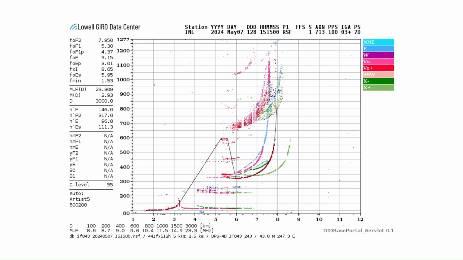So in general, in this case, Artist is actually correct. This would be the dominant trace, and this would be the trace to scale. This is the most overhead trace in this circumstance. Doesn't really matter though, because we're maybe just about to see the F1 peak pop out of here, but we're missing so much of this that I might not try to invert a profile of this. I might still just try to identify F2.